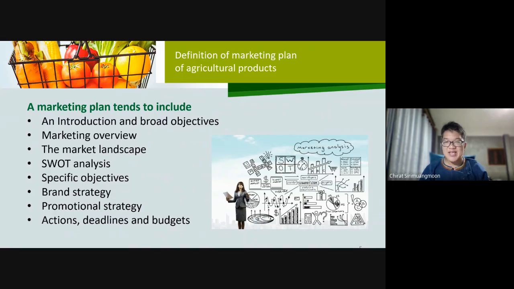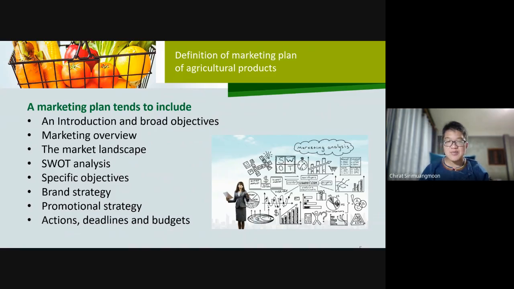Then marketing landscape is like the competitions that you're gonna have from the market. You have just only one provider or not. And then SWOT analysis is like strength, weakness, opportunity, and threat that you need to concern. Inner and outer environment that you need to concern. So this is how you gonna know yourself and know the other factors that affecting on your decisions.